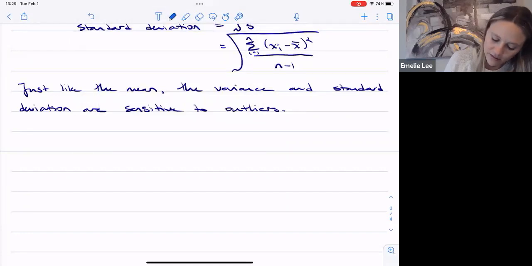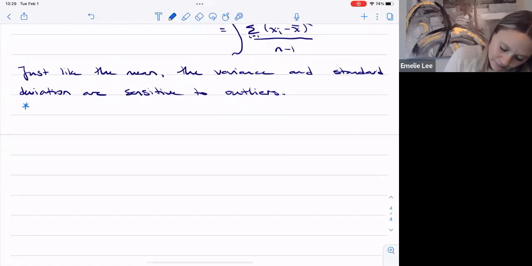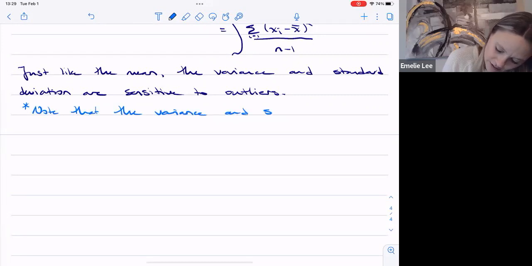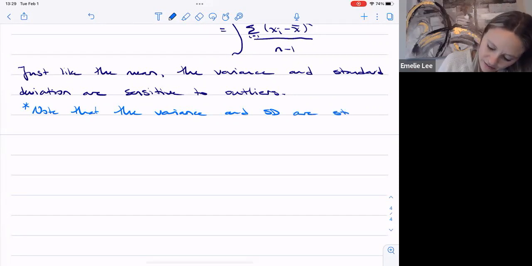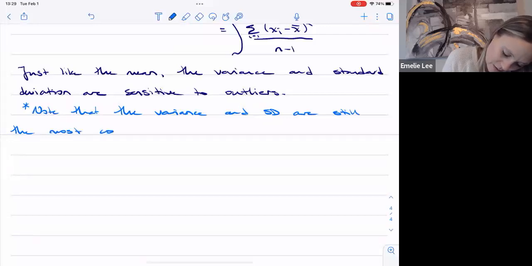Okay. And so note that the variance and standard deviation, and maybe I'll just say SD, just keep it nice and short. Note that the variance and standard deviation are still the most common measures of variability.